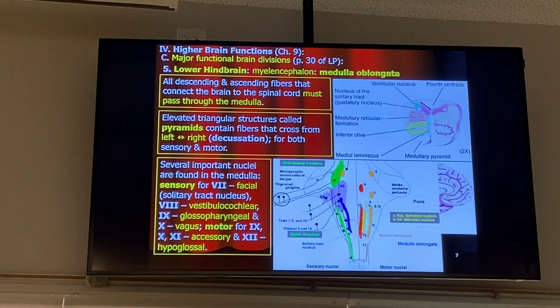And it has cranial nerve nuclei, and it's 7 through 12. Again, it's consecutive.